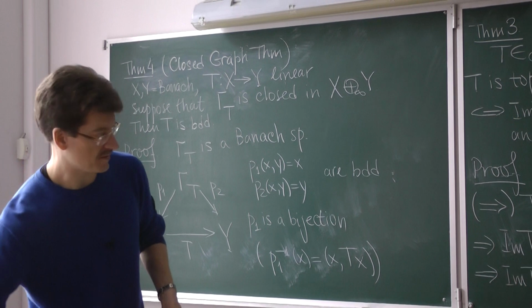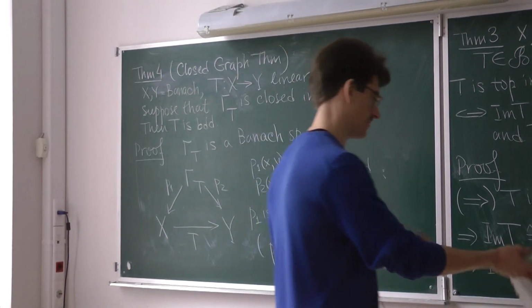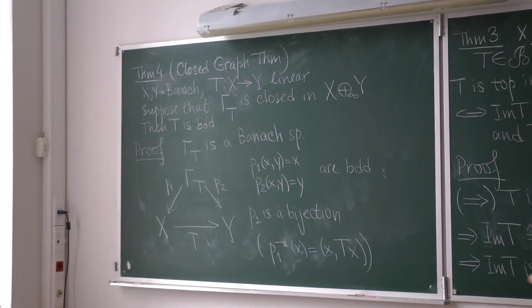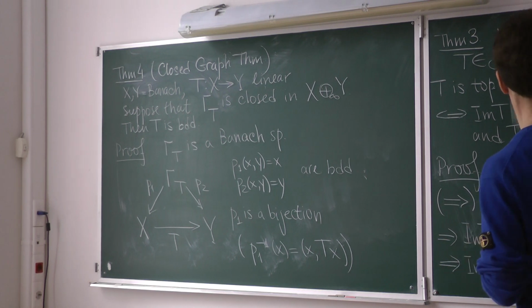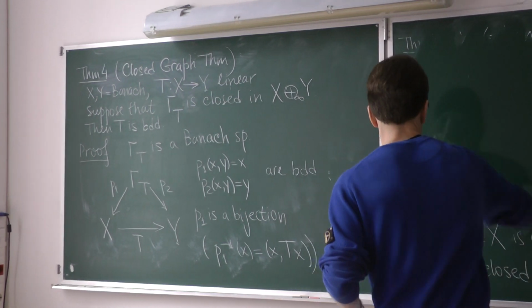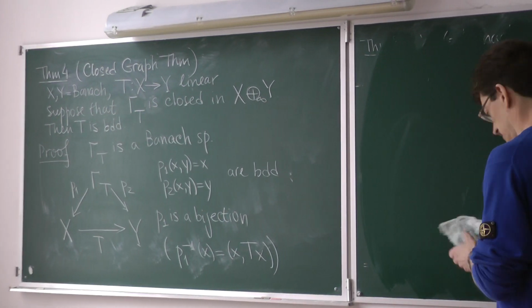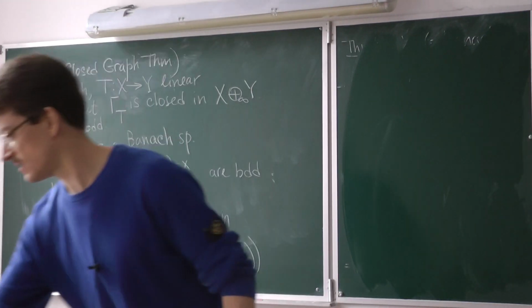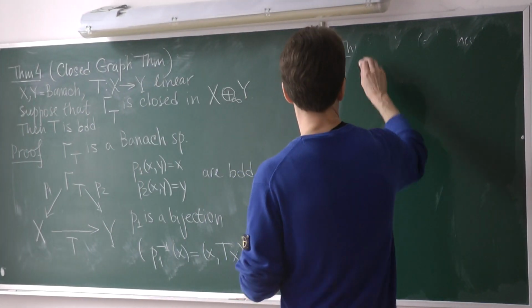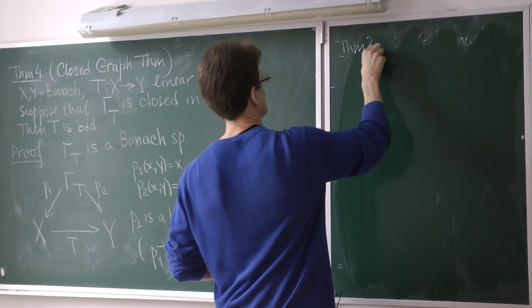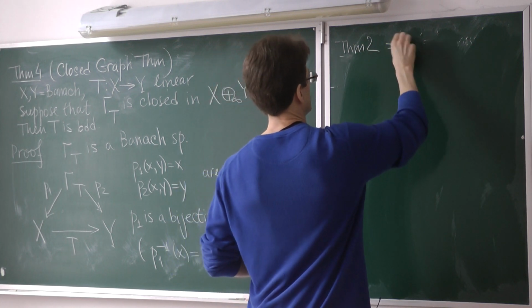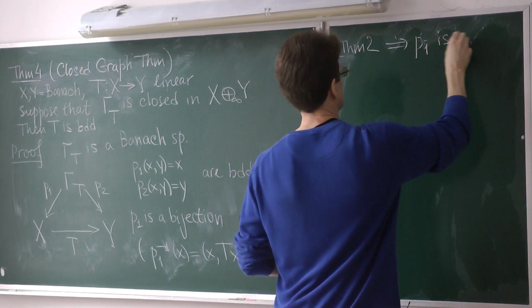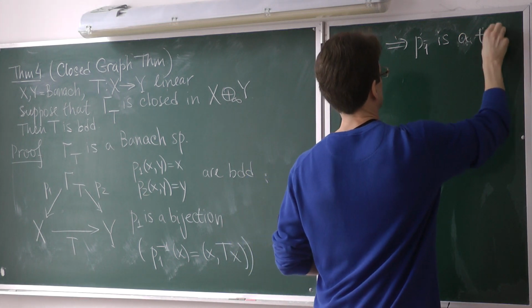So now we apply the inverse mapping theorem. We apply theorem 2 to P1. Theorem 2 implies that P1 is a topological isomorphism.